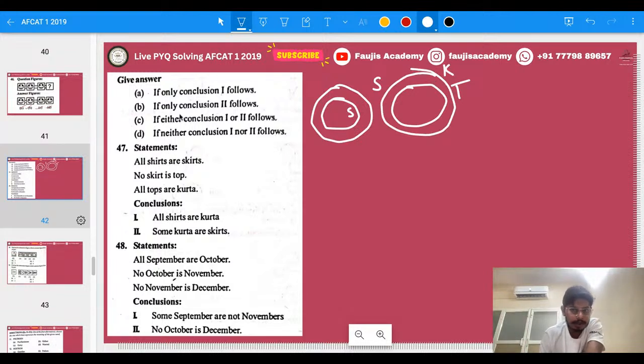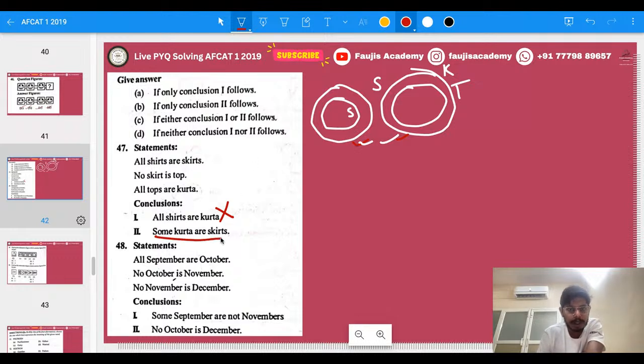All tops are kurta. Isn't it? All shirts are kurta. Is it true? All shirts are kurta. No. Okay, there is no relation between shirts and kurta, isn't it? That means one cannot be the answer, right?